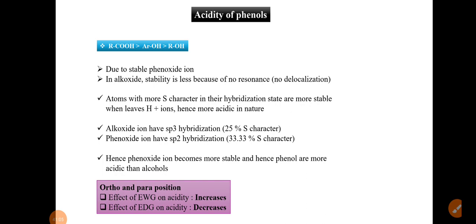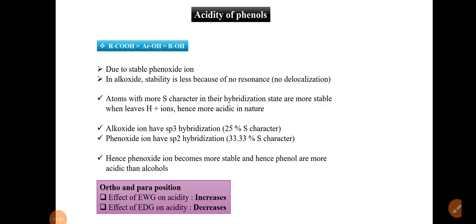Then, atoms with more s character in their hybridization state are more stable when they leave H plus ion, hence more acidic in nature. Simply, we know that whatever compound releases the H plus ion, these are the acids. So here is the effect of hybridization.